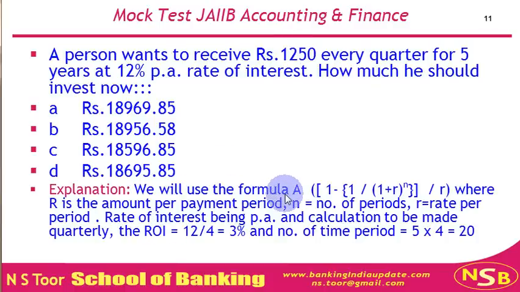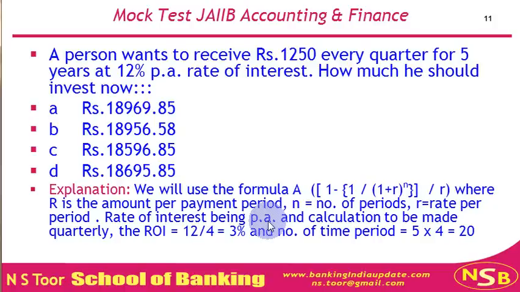So we will use the formula A, meaning annuity, this amount, 1 minus 1 divided by 1 plus R raised to power n, and all this divided by R. Here R is the amount per payment period, n is the number of periods, rate of interest being per annum.